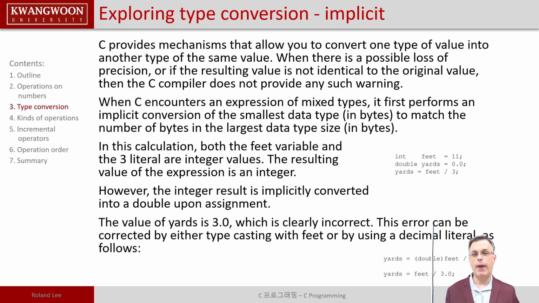However, when there is a possible loss of precision, or if the resulting value is not identical to the original value, then the C compiler does not provide any such warning as well. So understanding implicit type conversion values is the next topic.